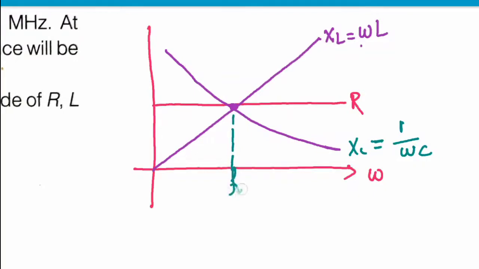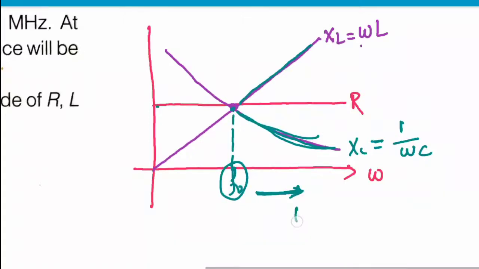So this one is the value where resonance occurs, that is the resonant frequency, because at this point XC is equal to XL. R value may be anything, but XC is equal to XL. So at this point this is the resonant frequency. Above the resonant frequency, XL value is greater than that of XC value, so this is inductive in nature.